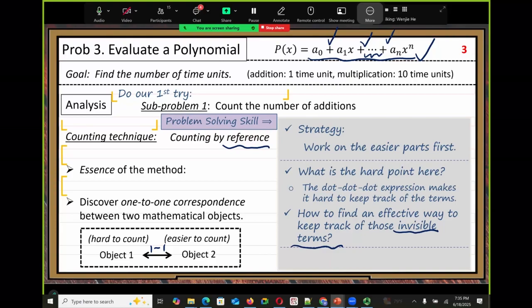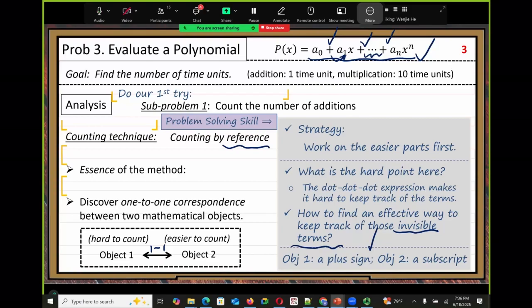So let's apply the idea in our current question and see if it's n plus 1. Object 1 is the plus sign. So what is object 2? That's important. Object 2 is a subscript. For example, the first plus sign we associate with A1, the subscript of the A1 coefficient.